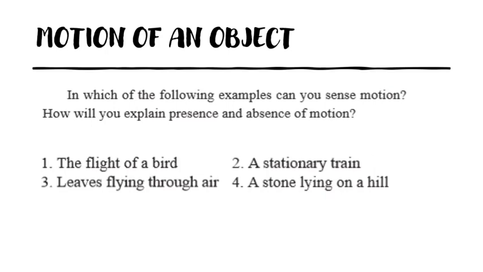In these examples, we can find that the flight of a bird and the leaf flying through air show motion, whereas a stationary train and a stone lying on a hill do not show any type of motion. So, motion is present in the first and third examples here.